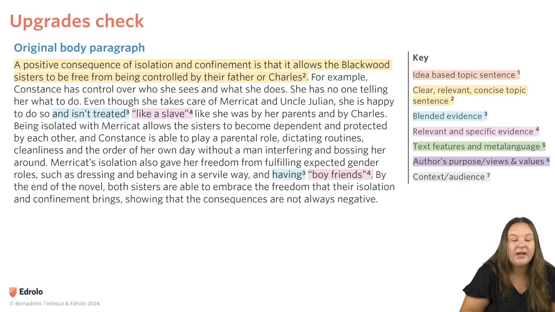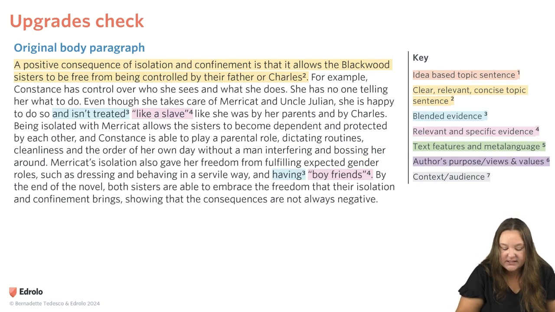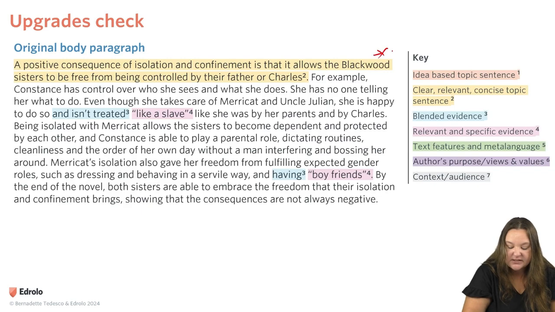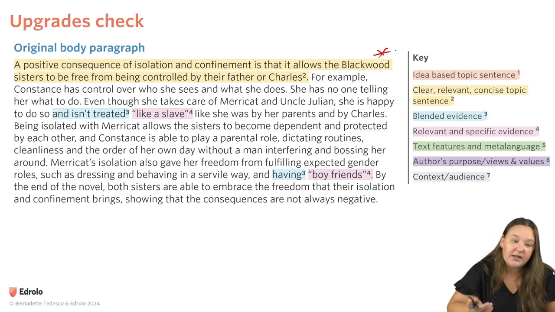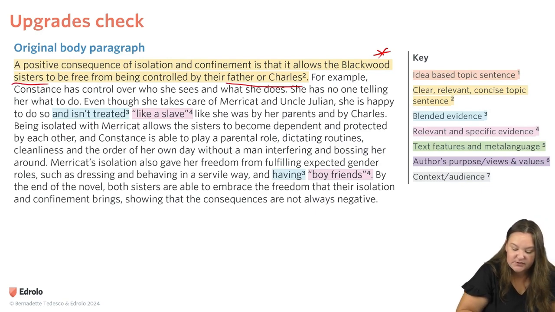We're going to go back and see what tips and tricks it has met, and then we're going to look at an upgraded body paragraph to see how we can enhance what we've got. You'll notice that it is not idea-based. It's focused more on being about Constance, the sisters, and their father and Charles.